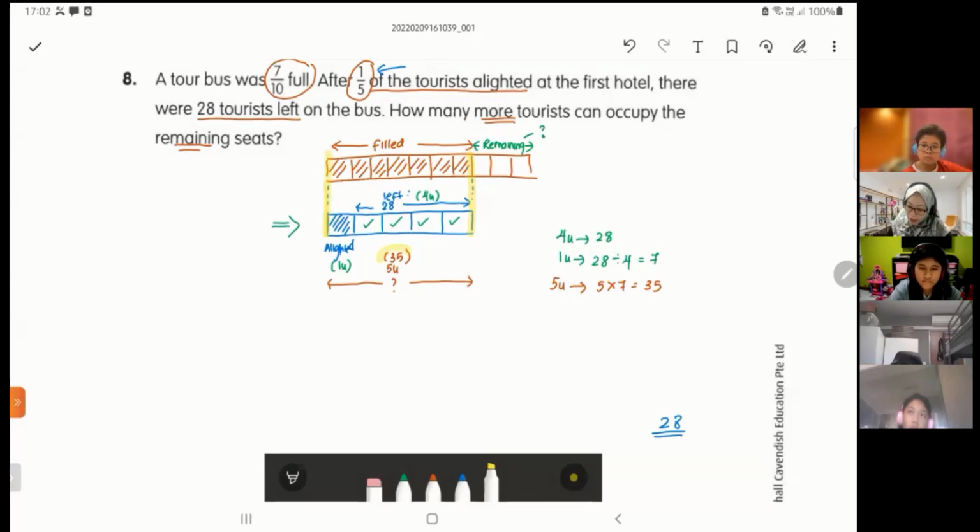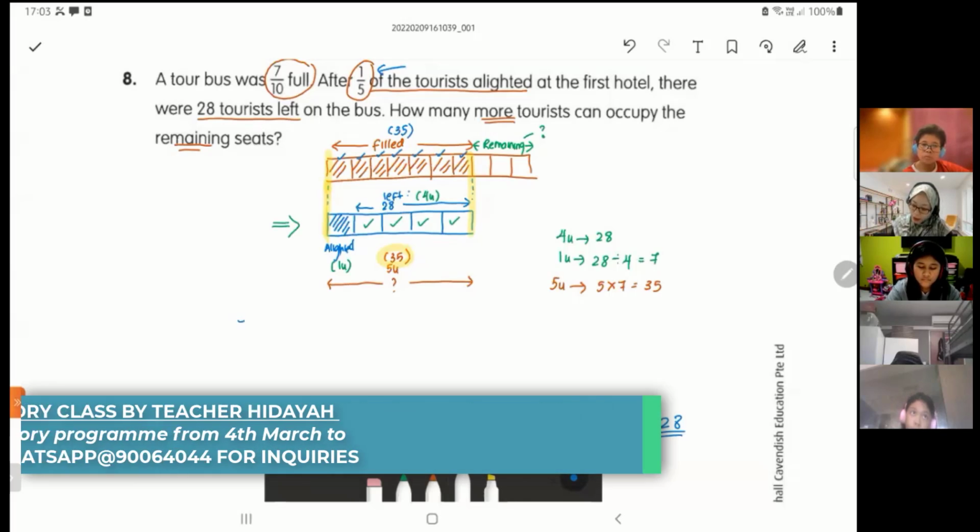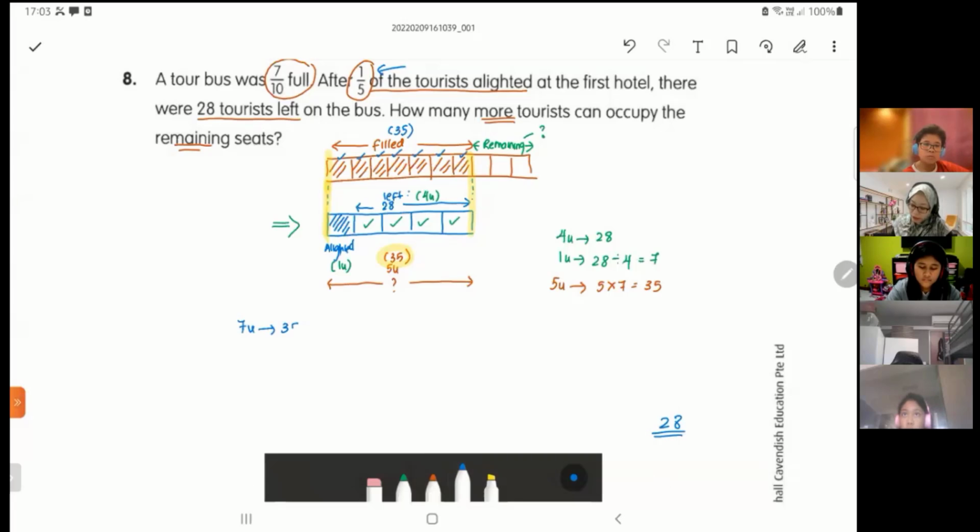So my 35 is also 35 here. Can you see? But this 35 is how many units? 1, 2, 3, 4, 5, 6, 7. Just now 35 was 5 units. Now 35 is represented by 7 units. So now I put here 7 units is 35.